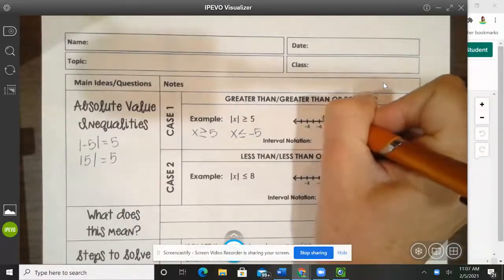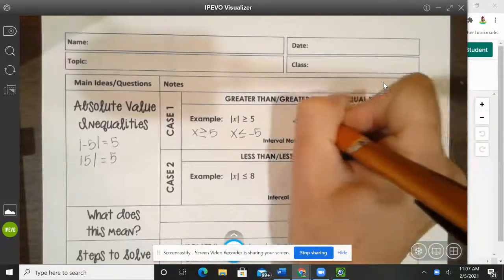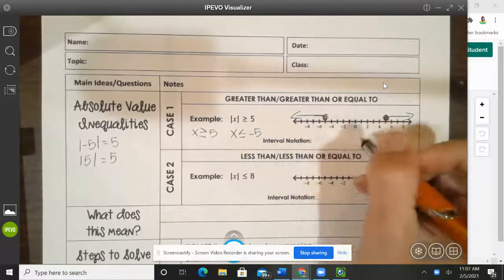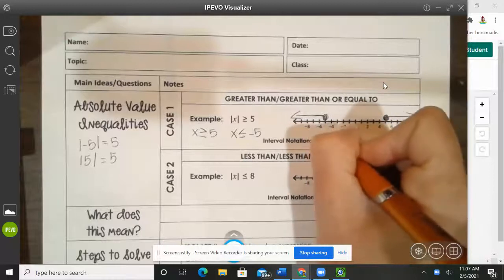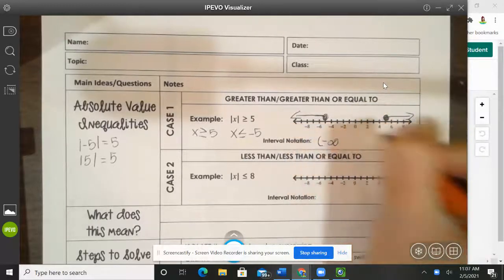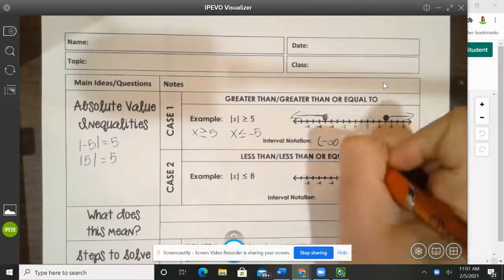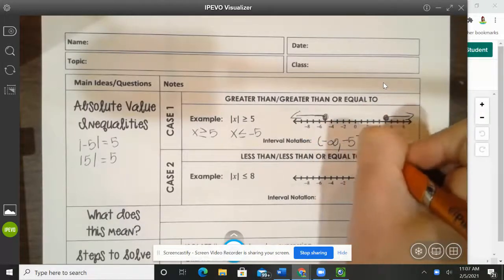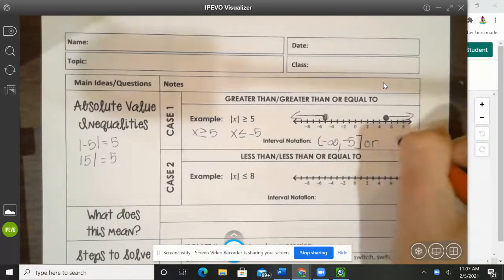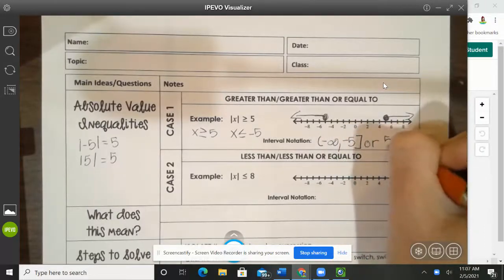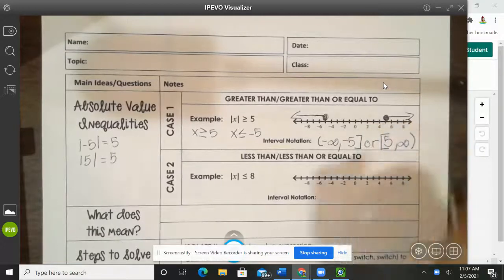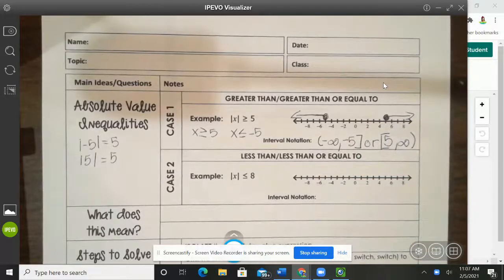It has a closed circle because they have an equal sign, and it goes to negative infinity. And if we remember how to do the interval notation, it's parentheses, negative infinity, it goes all the way to -5 and it's included, or it starts at 5 and it's included because it has an equal sign, comma, and then infinity.